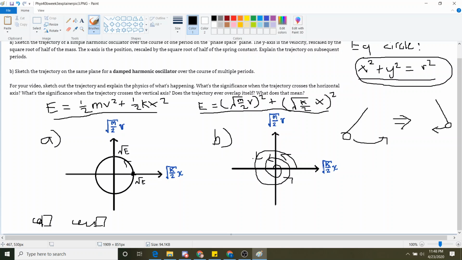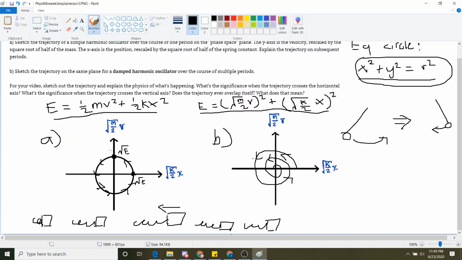When it reaches about here, it's going to be in its equilibrium position. Then it passes that, and it goes all the way to the most stretched state, where it will start to head back in the opposite direction, back to when it was compressed, and then it goes back to the equilibrium position, and then it continues on and goes back to the initial compressed state.